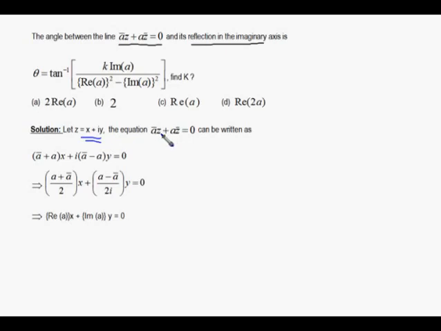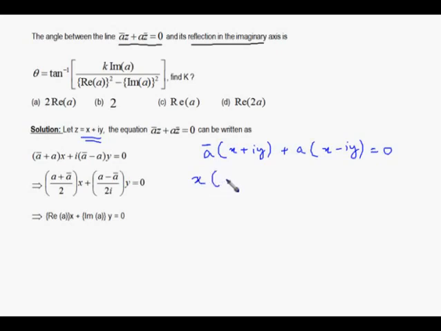So then A conjugate Z plus AZ conjugate can be written by breaking Z into X and Y, so this becomes A conjugate times (X plus iota Y) plus A times (X minus iota Y) equals 0.